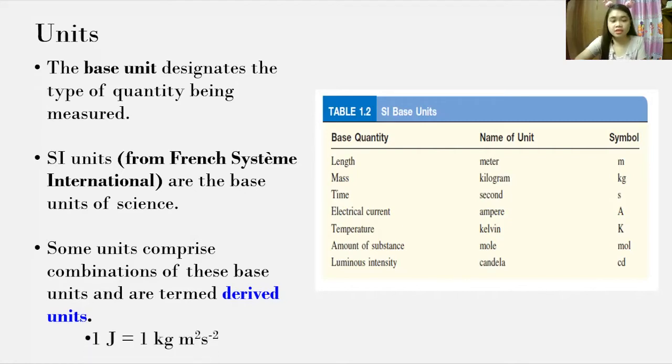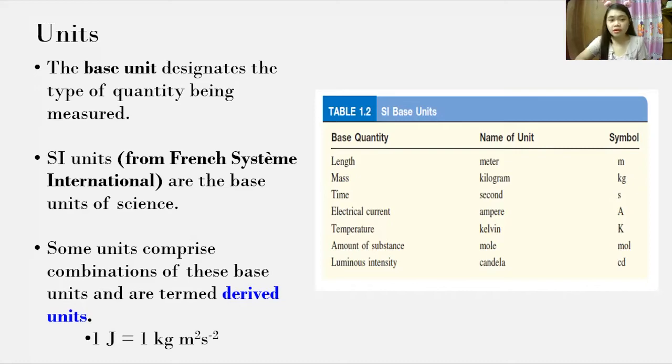An example of this is the unit joule. One joule is equal to 1 kilogram square meter per second squared. Meaning there's a combination of the unit of mass, multiplied by the square of length, and then divided by the square of time.